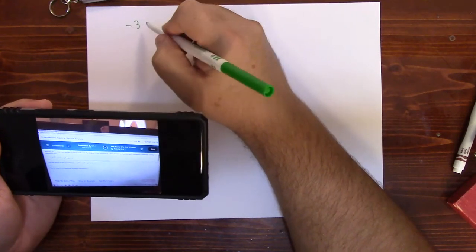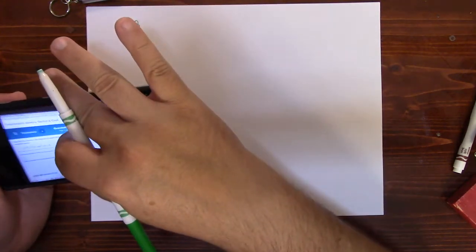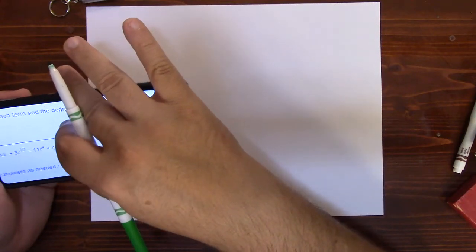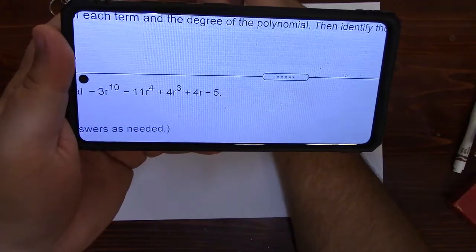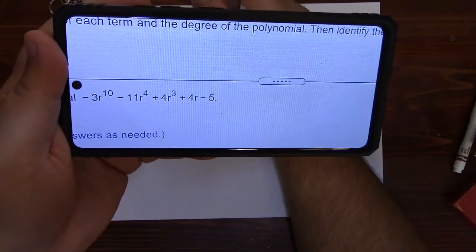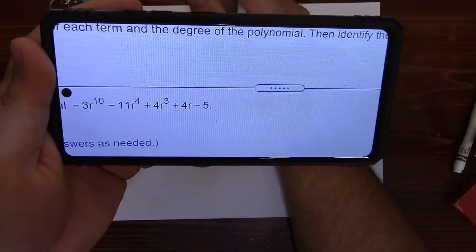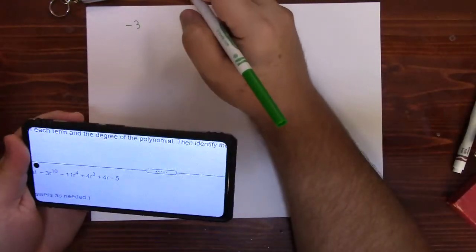So here's the formula that I'm reading. Minus 3r to the 10th minus 11r to the 4th plus 4r cubed plus 4r minus 5.